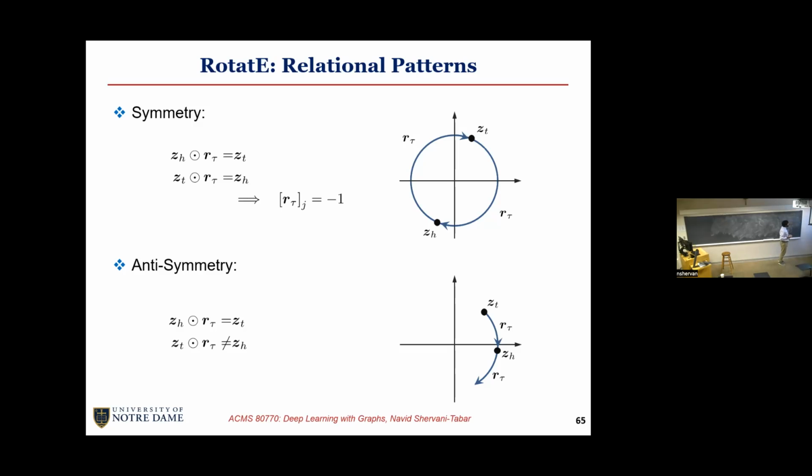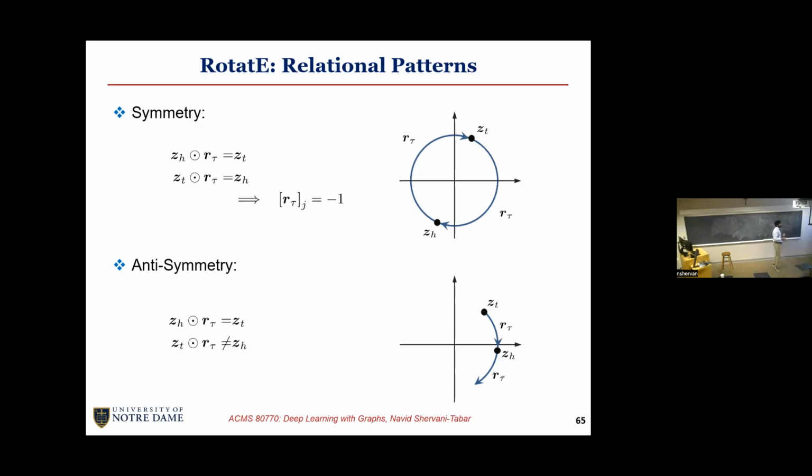When we're looking at the symmetry, we see that by performing a Hadamard product between ZH, meaning the embedding for the head entity, I should be able to translate it, essentially rotate it, using this R tau to get to the embedding for the tail entity, right?